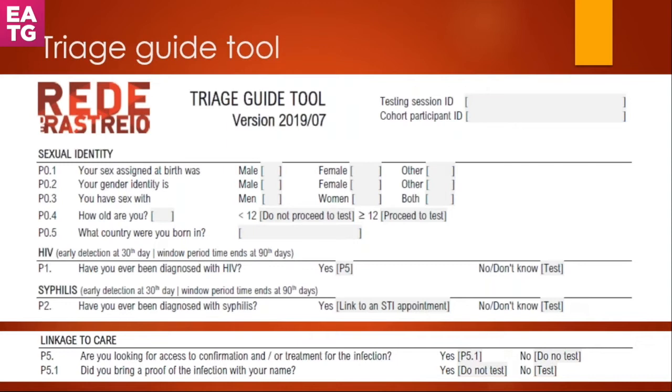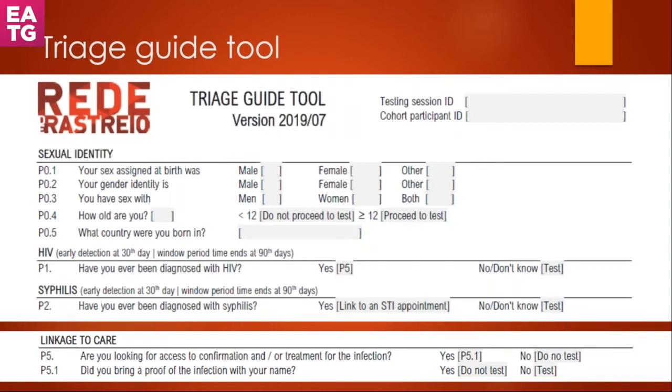So with the sexual identity asked like this, we can right up front see what sexual practices may or may not be involved, and have the testing session counselor do specific counseling regarding those practices.